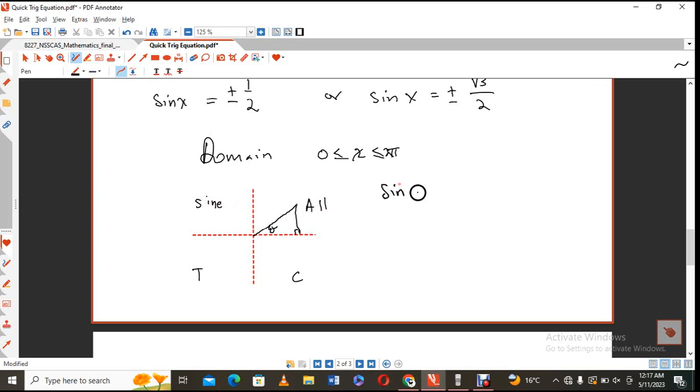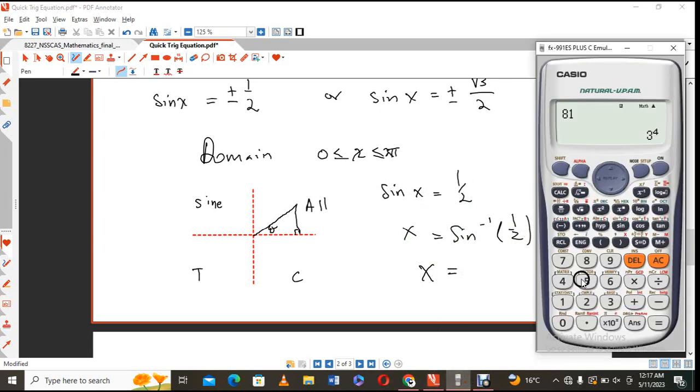So let me find the key angle by taking the inverse sine of that. You can use a calculator, or you should be able to recognize that the answer is 30 degrees, or pi upon 6.